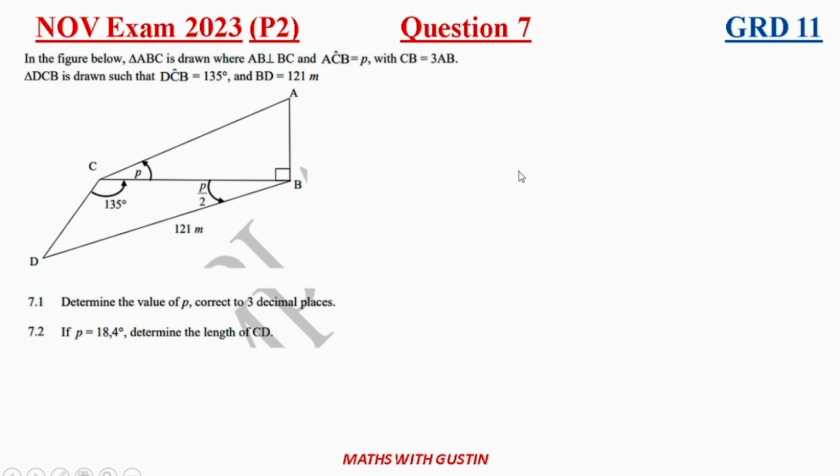Alright guys, here is question 7. In question 7 we are given a figure below with a triangle ABC drawn such that AB is perpendicular to BC, as we can see, and we have an angle P here at C with CB equals 3 times AB.